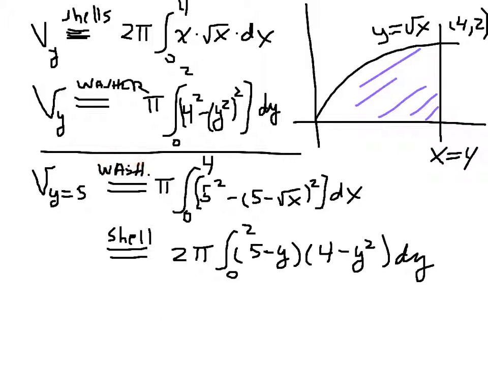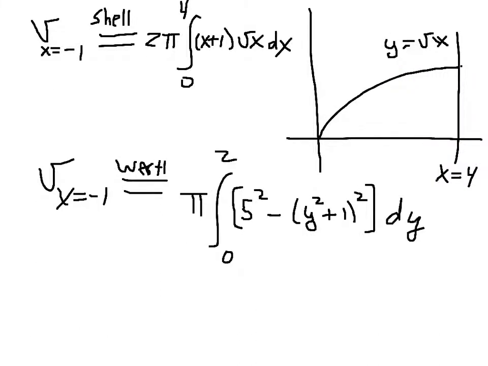And we'll use washers, which use vertical rectangles, but I also want you to think about what you get when you use shells, which is horizontal rectangles. So try not to look at this too much. Try to look right here, set up the problems, and then see if you can figure out how to get the expressions that I have.